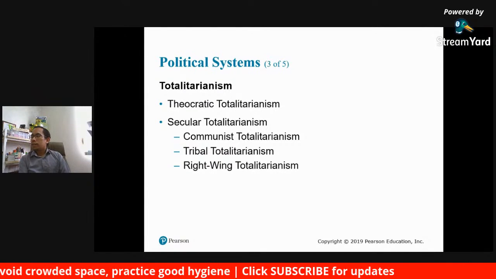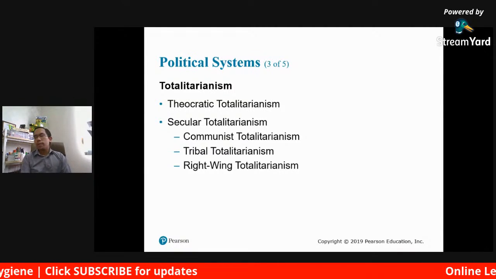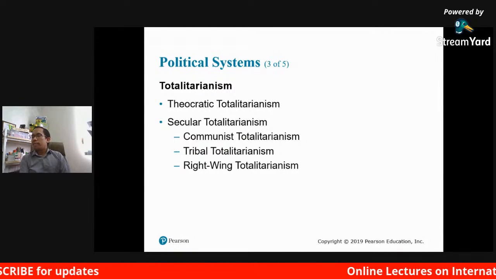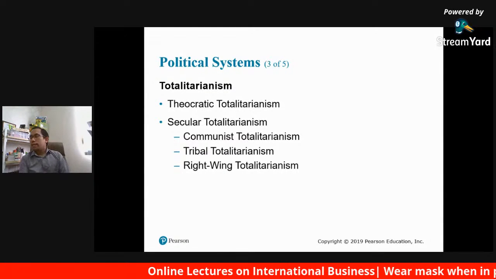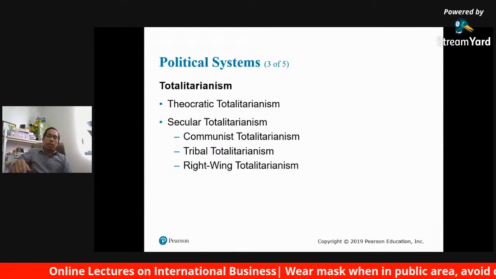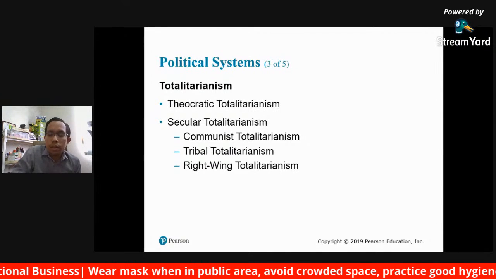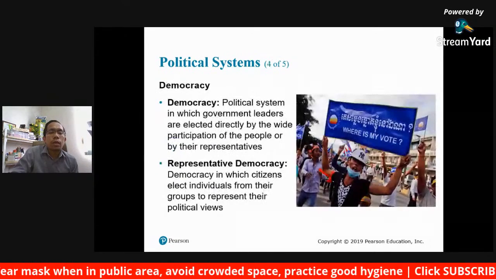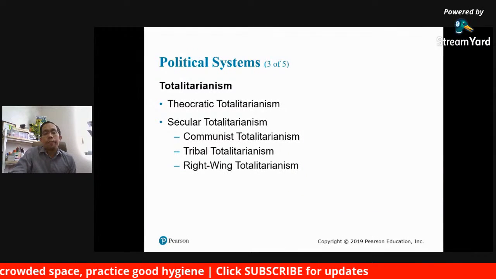Examples are Argentina, Brazil, Chile, and Paraguay. Okay, this is what we can know about secular totalitarianism.